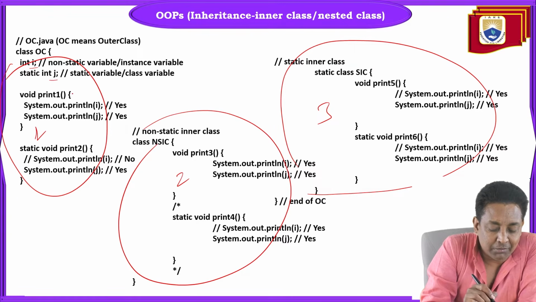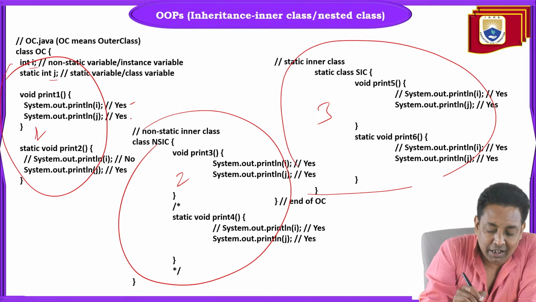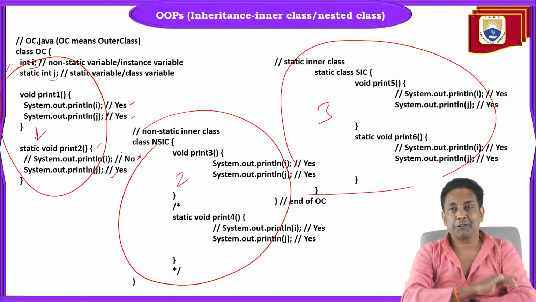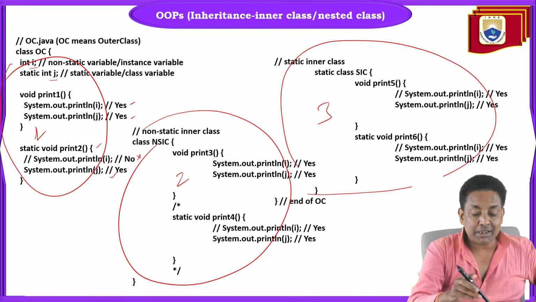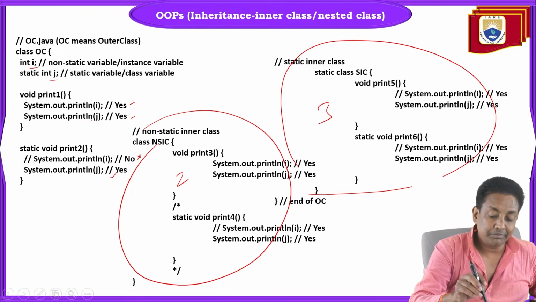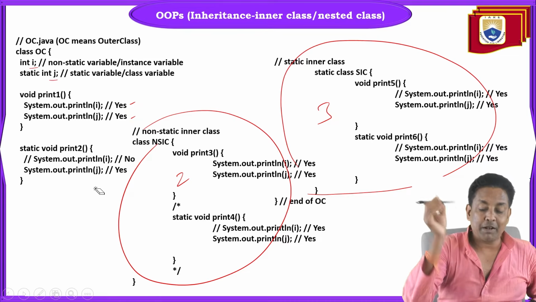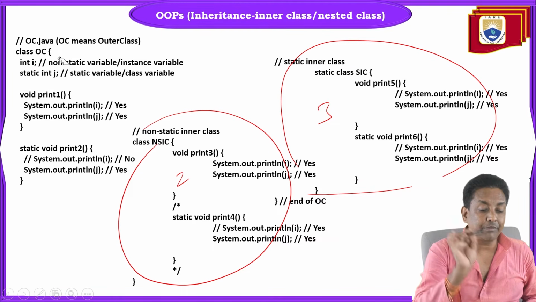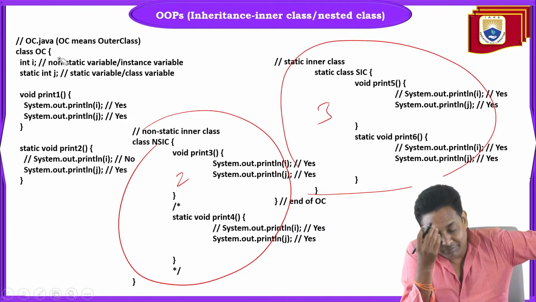Is it a static or non-static method? A non-static method: here both static and non-static variables are accessed. In a static method, non-static variables cannot be accessed, only static variables can be accessed. Done. This part is over.